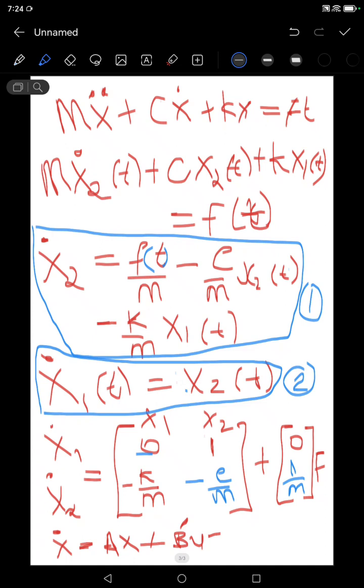Our matrix is going to look like this, or we can write it like this. The matrix form from the notes, if you went through the notes, they write it in this form. They have F1 and then F2, where they say x1, x2.